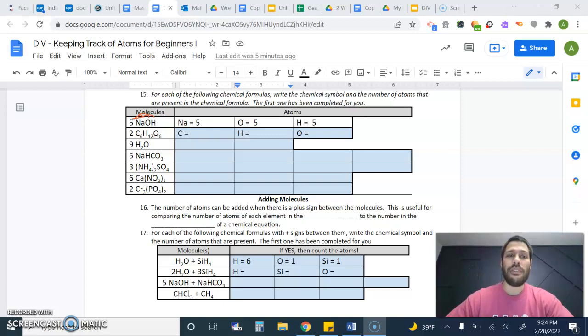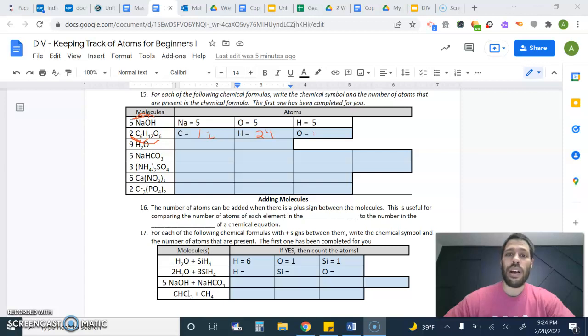So in this case, I would have 2 times my 6, which gives me, oh, not very good at the writing there, 12 C's, 2 times my 12 H's, so 2 times 12 gives me 24, and now 2 times my 6 for my 6 O's.